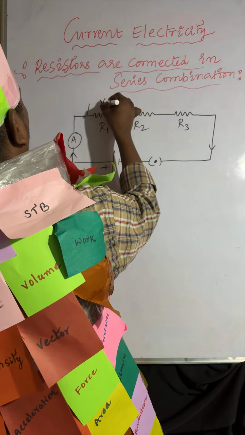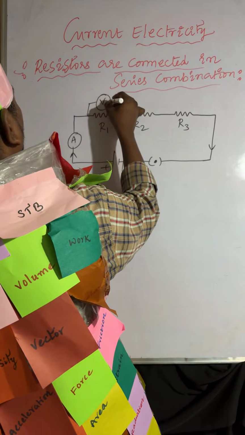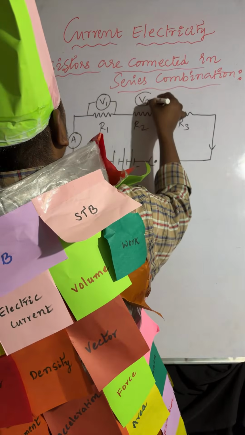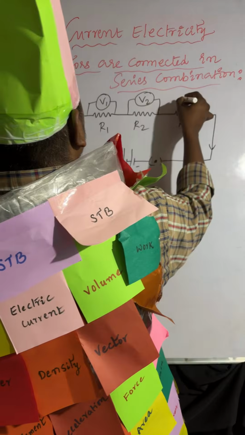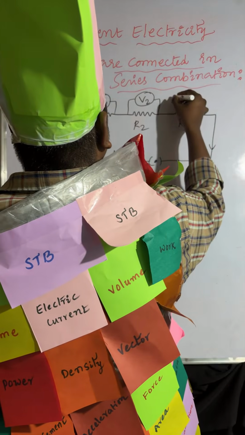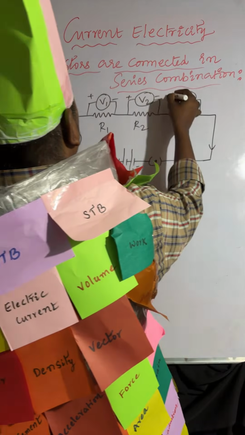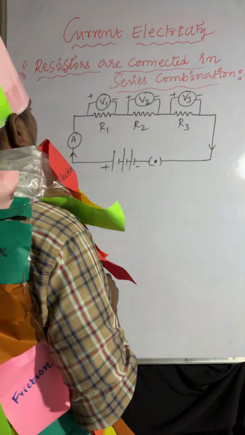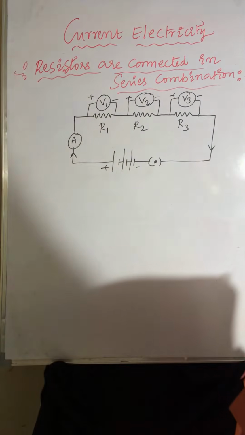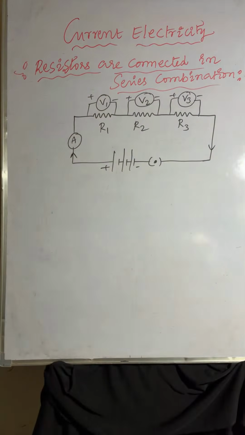Across R1, I am connecting V1. Across R2, V2, and across R3, V3. Now, if resistors are connected in series combination, the current is the same throughout the path. Understood or not?